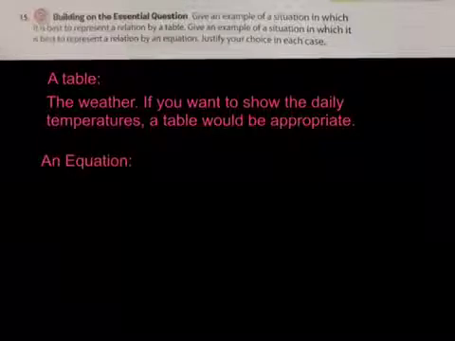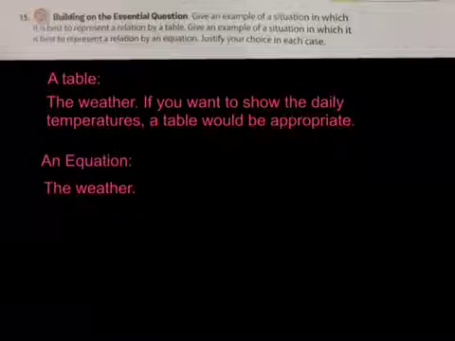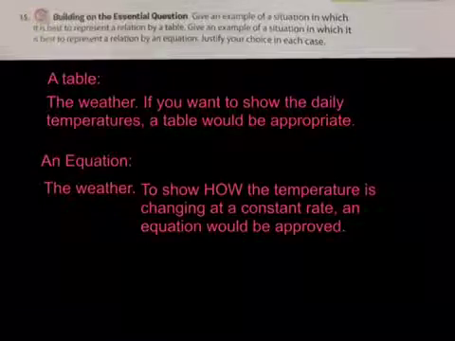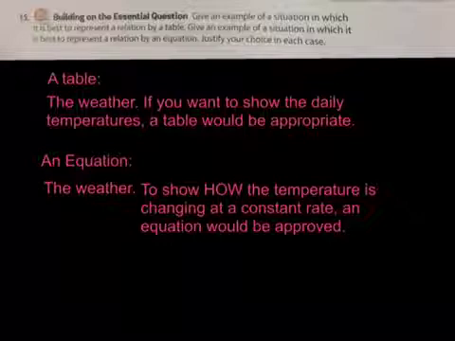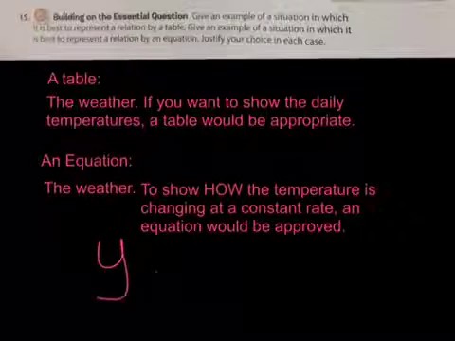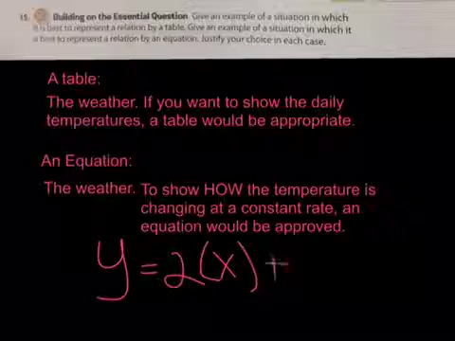Okay, what about for an equation? Let's stick to the idea of the weather. To show how the temperature is changing at a constant rate, an equation would be appropriate. Remember how we just did an equation for y equals 2 times x plus 8?